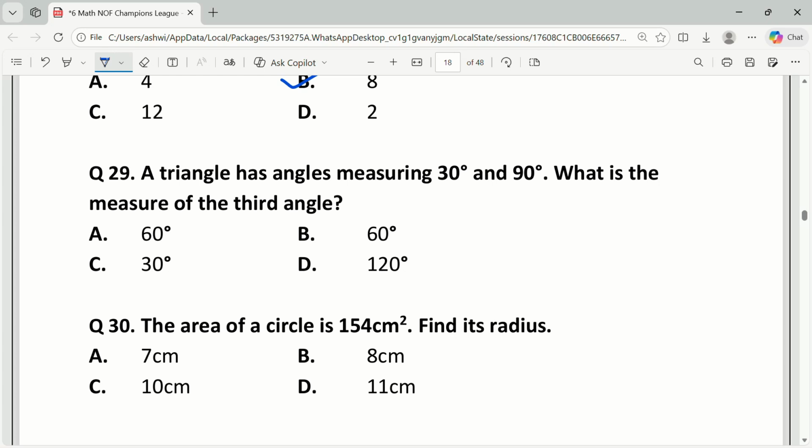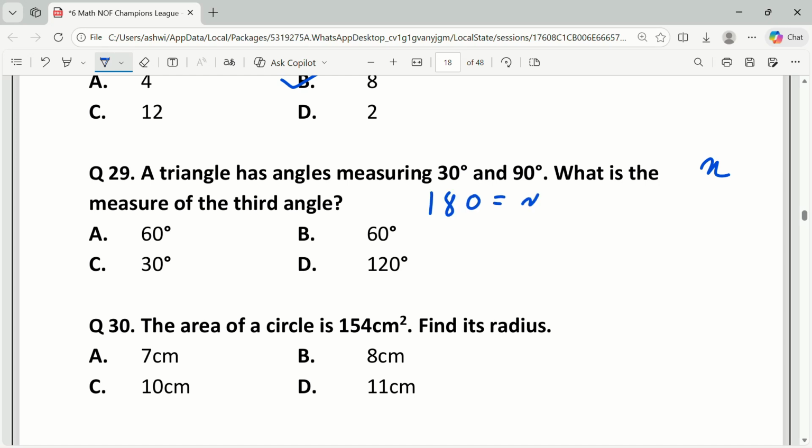A triangle has angles measuring 30 and 90 degrees. What is the measure of the third angle? The sum of the interior angles of any triangle is 180 degrees. The given angles are 30 and 90. Let the third angle be x.